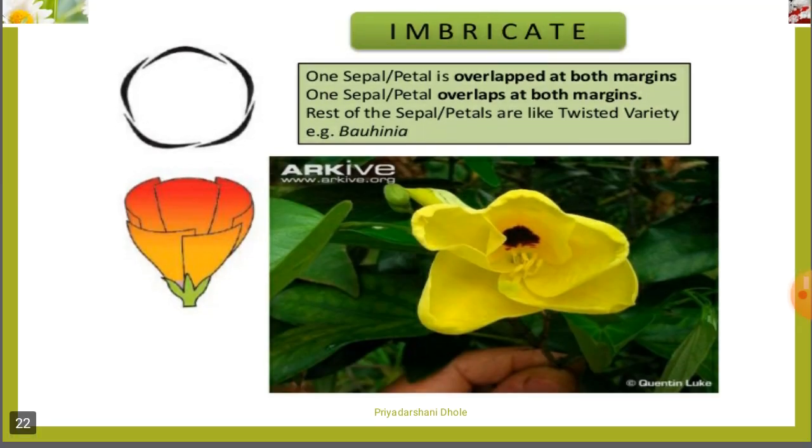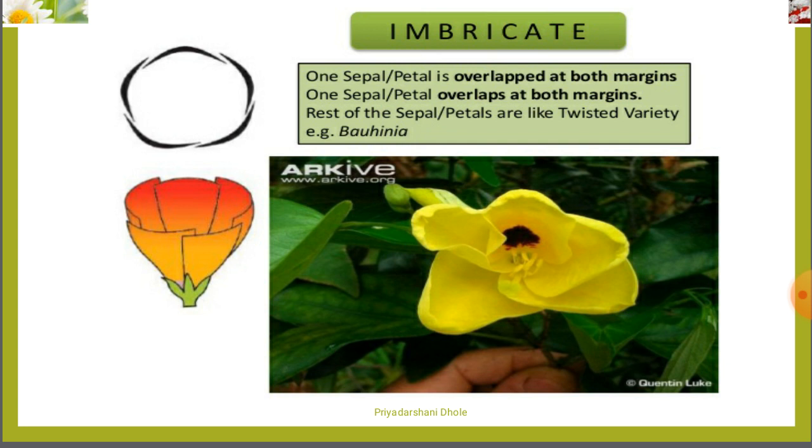Next one is imbricate. In that, one sepal or petal is overlapped at both margins, and one sepal or petal overlaps at both margins. You can see in this diagram, one of the sepals or petals is totally inside and one is totally outside, and the rest are like the twisted variety, one above the other.